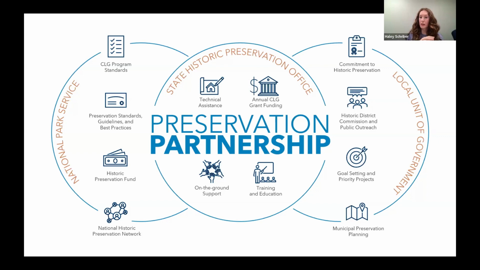That then trickles down to the SHPO office, where we administer the annual CLG grant funding, provide the technical assistance, and the training and education. And then at the local unit of government, that's where your Historic District Commission and public outreach is happening. It's more involved in that day-to-day activity of goal setting and priority projects.